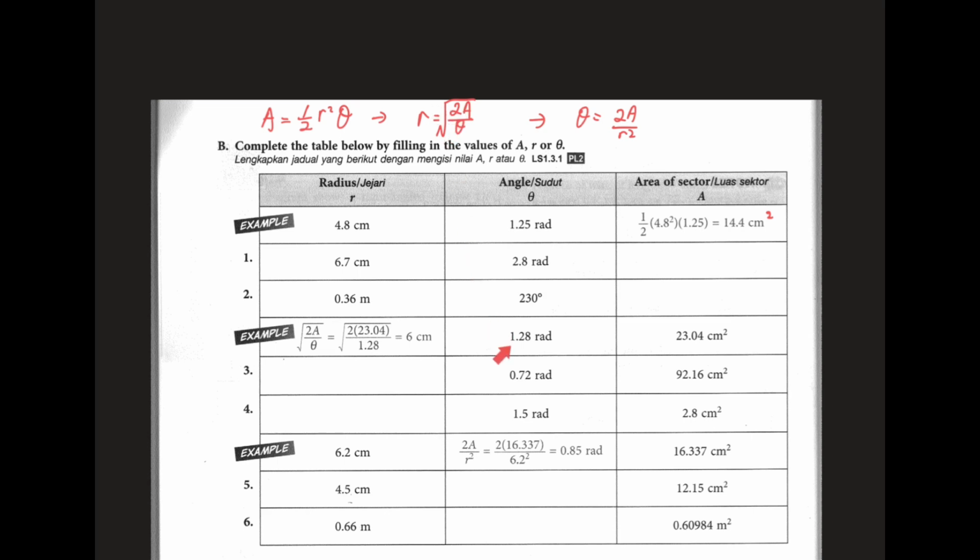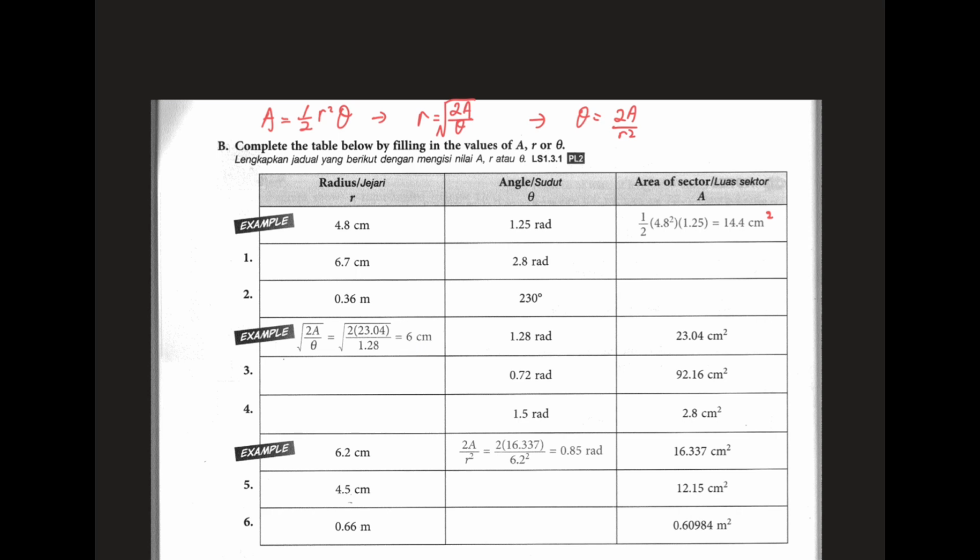Theta is 1.28, area 23.04. Substitute the area and the theta, then you calculate and get the radius 6 cm.